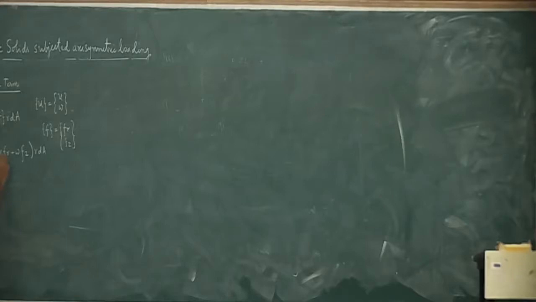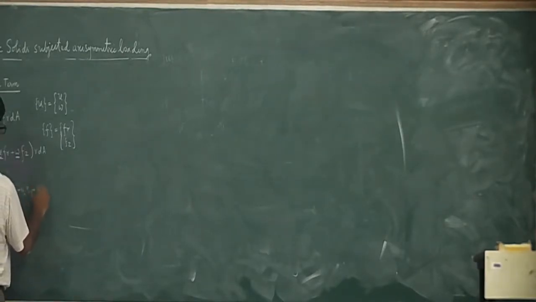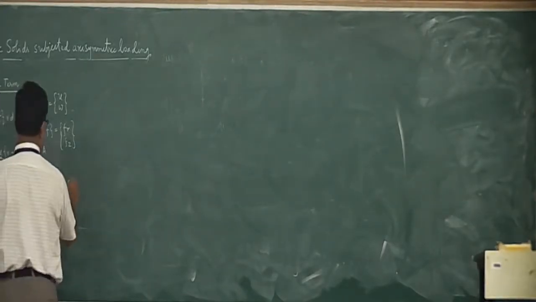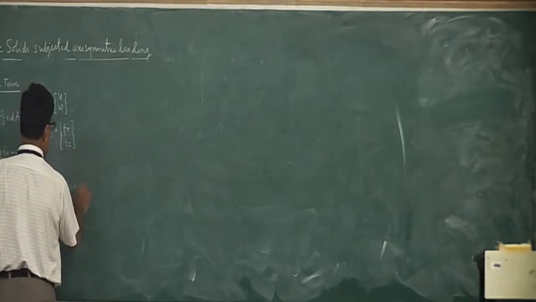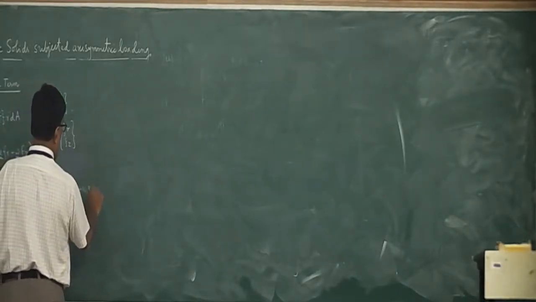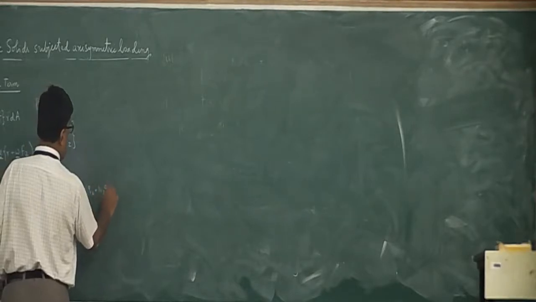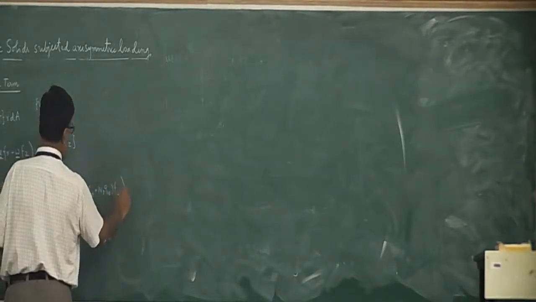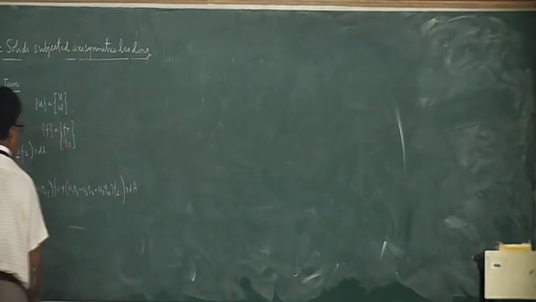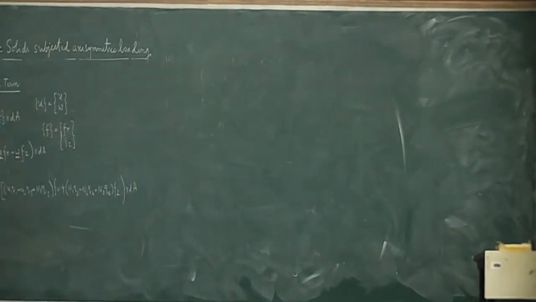And since you know U and W in terms of the shape functions, I can write it now: 2 pi over the element E, U is N1 Q1 plus N2 Q3 plus N3 Q5 into Fr, plus N1 Q2 plus N2 Q4 plus N3 Q6 into Fz, into R into dA. I am just substituting the values of U and W that we defined earlier.